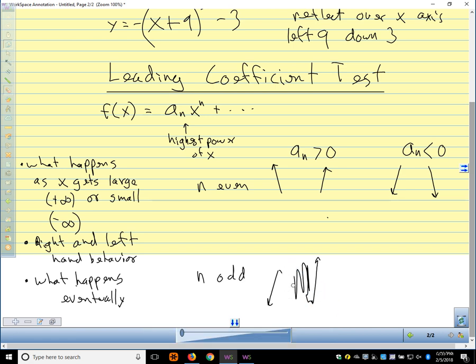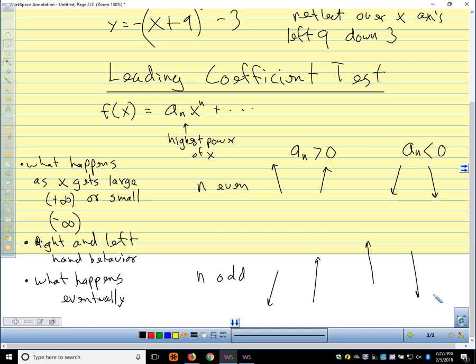So I don't care about this now for the leading coefficient test. And if n is odd and the leading coefficient is negative, eventually it's going to behave like y equals negative x cubed, sorry, you're right. And it's going to do this.